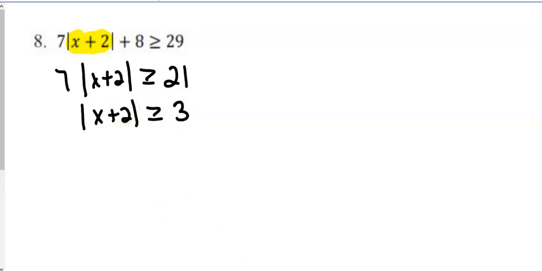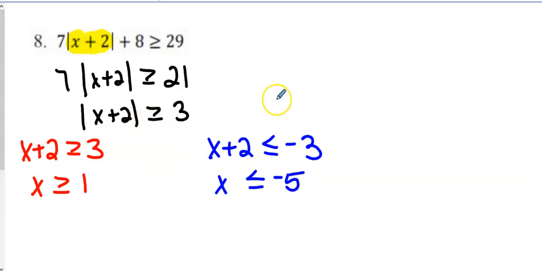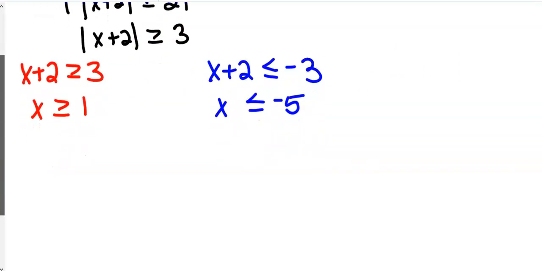Put my positive version over here, my negative, and solve for x. Okay, that looks right. This was a greater than, so it's going to be opposite directions. Two intervals going opposite directions.